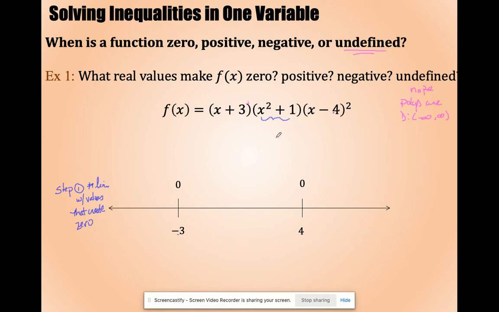It is not equal to 0. There's nothing I can put in for x, square it, add 1 to it, and make this factor equal to 0. So there are only 2 zeros. So this is great. I know this fifth degree crosses the x-axis twice at -3 and 4. But now I want to ask you, what happens below -3?